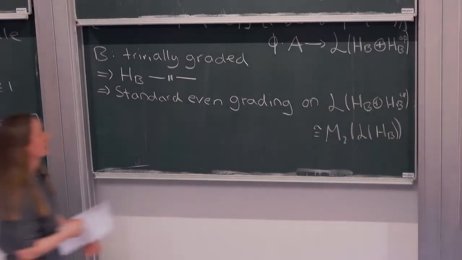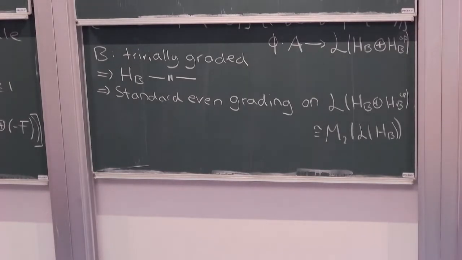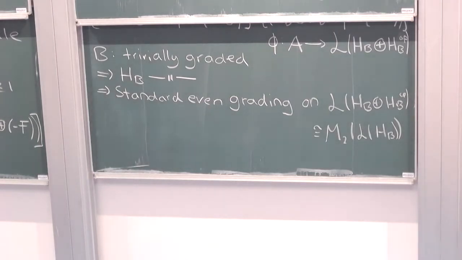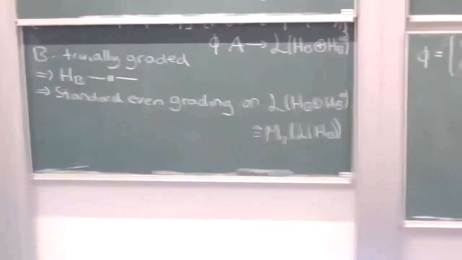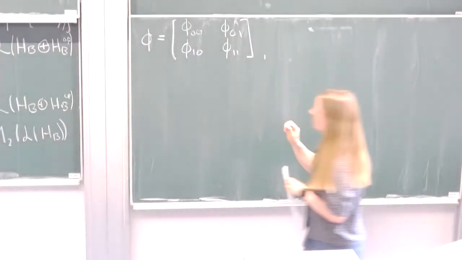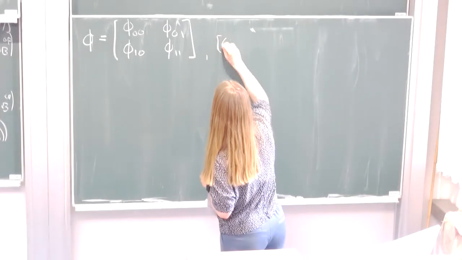Because then we can write phi as a matrix with some star homomorphisms: phi 0,0, phi 0,1, phi 1,0, and phi 1,1. And then we want to look at this commutator, the graded commutator.